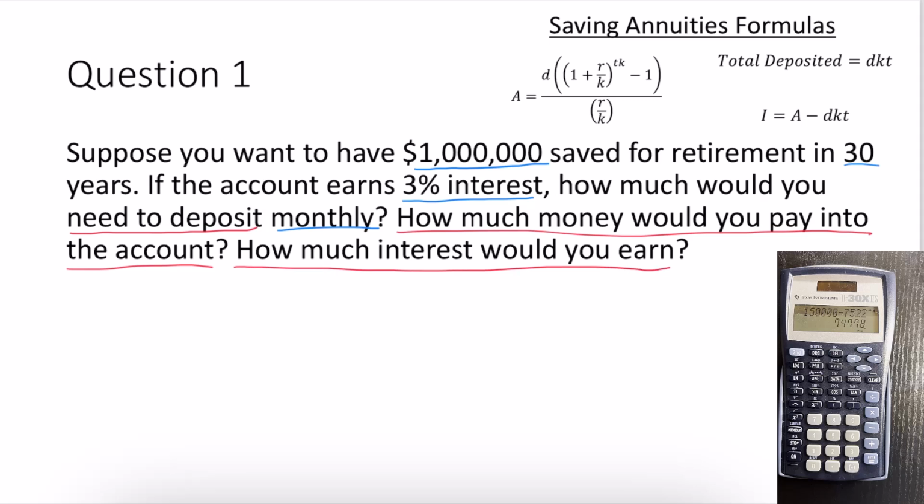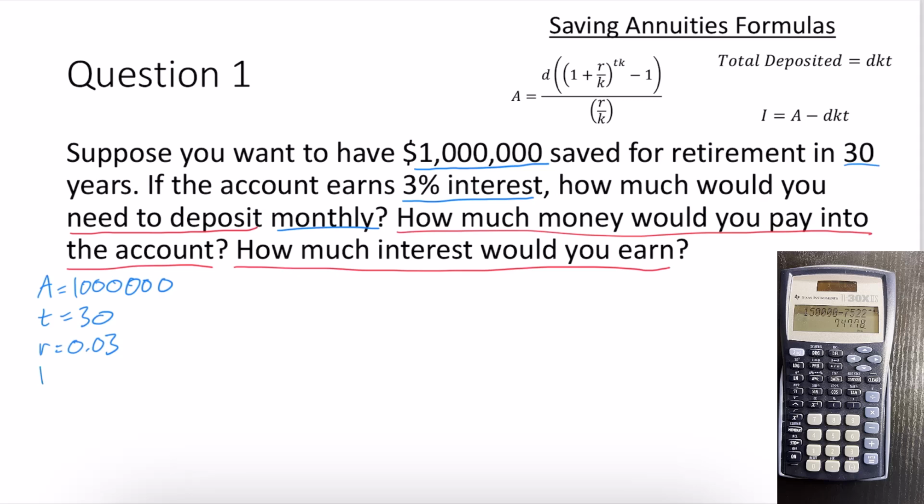So to write out what these variables mean, if we want to have $1 million saved for retirement in 30 years, that tells us that A equals $1 million because that's the amount we want to have at the end. Then T equals 30 because that's the number of years we're investing for. And R equals 0.03 because that's the interest rate.